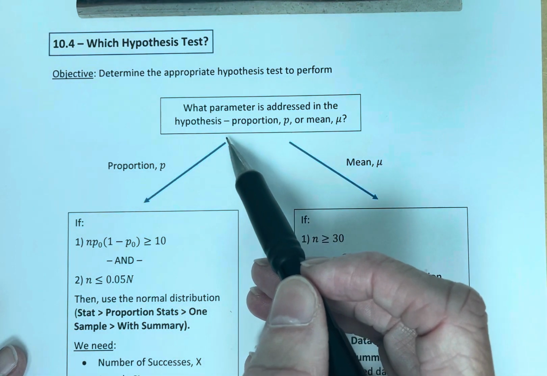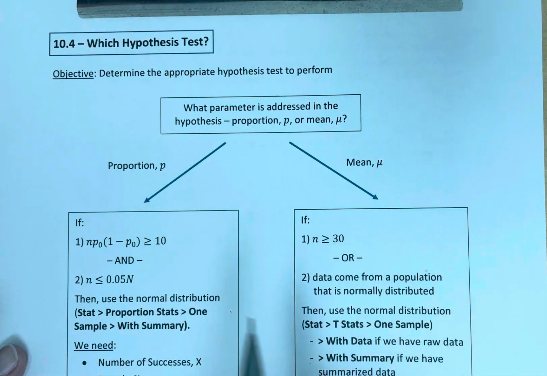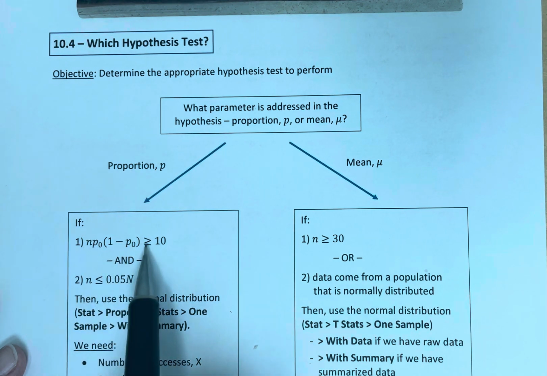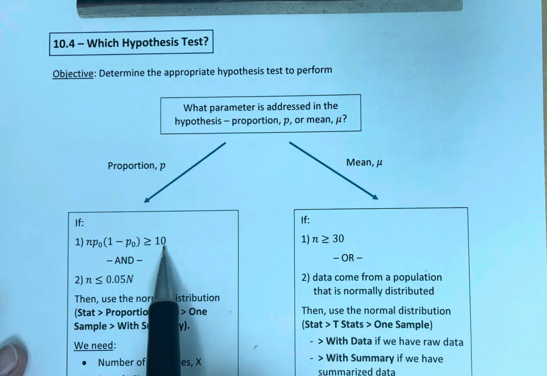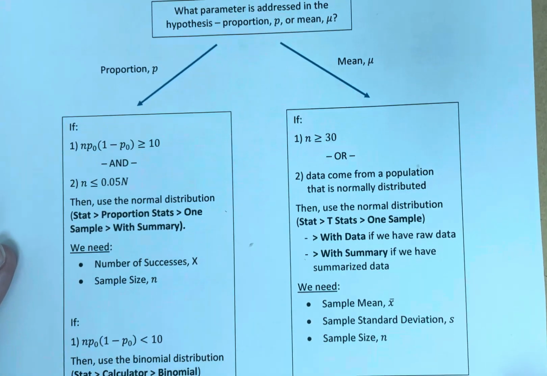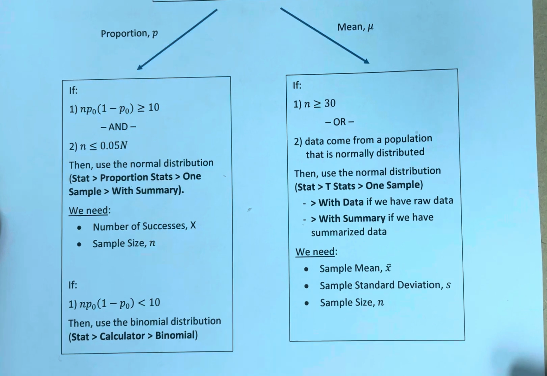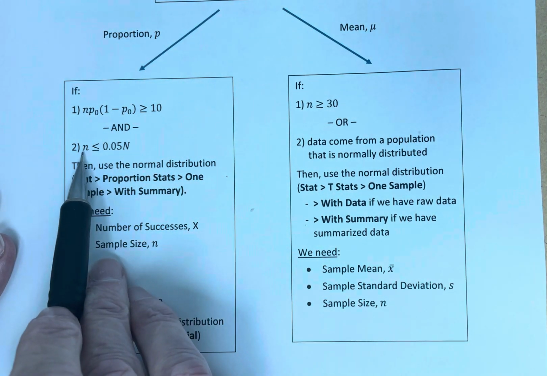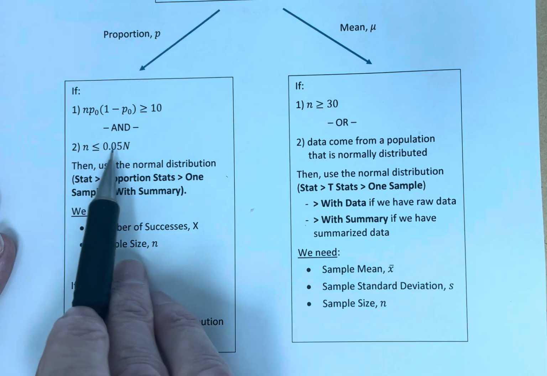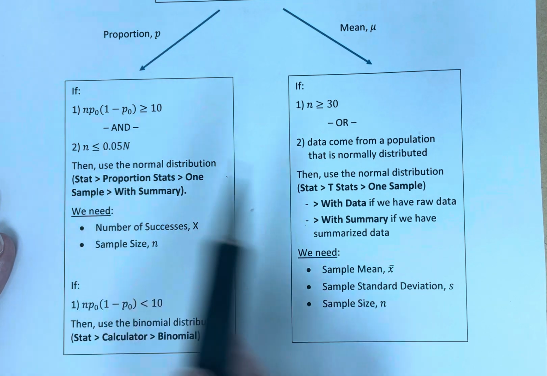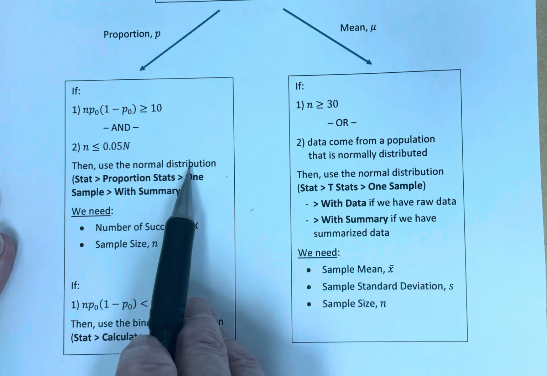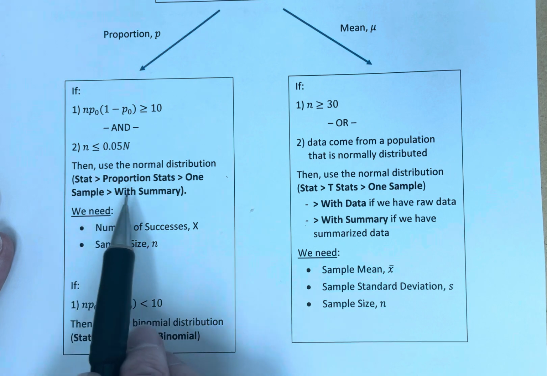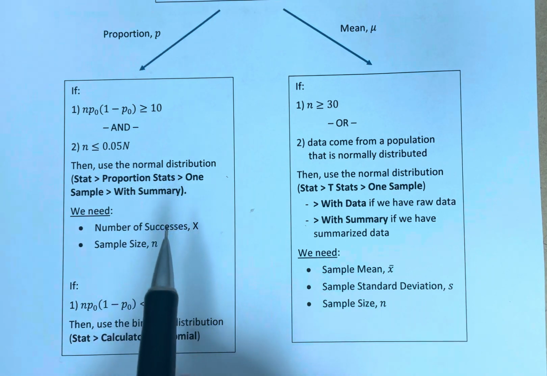If the parameter being addressed is the proportion, we want to note the sample size needs to be greater. This expression, np(1 minus p), needs to be greater than or equal to 10. Let me get up here so everybody can see what we're doing. There we go. And the sample size must be less than or equal to 5% of the population size. And then we're going to use the normal distribution stat, proportion stats, one sample with summary from StatCrunch.